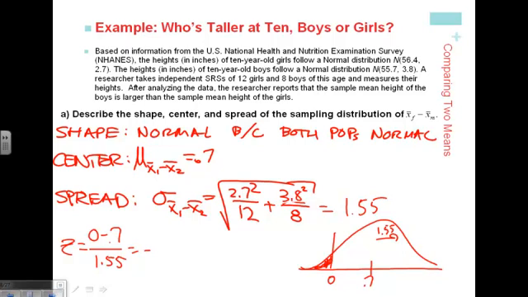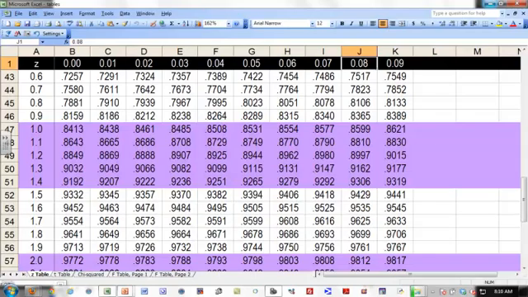Negative 0.5. Okay? And then what do I do with that? I change it into a probability statement. The probability that Z is less than negative 0.5, or negative 0.45, and then I look it up on our tables.